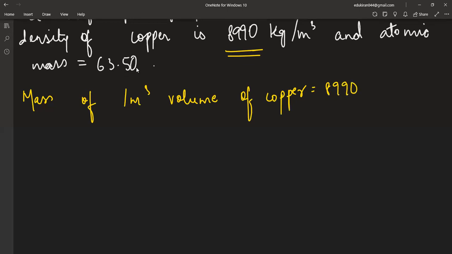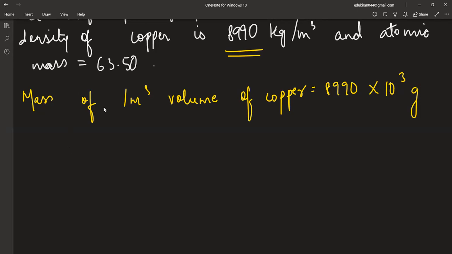See, this atomic mass, do you know in which unit we write the atomic mass? Gram, right. That's why we have to convert this kg per meter cube, this kg also into gram. So we'll write this as 10 to the power 3 grams. Otherwise, this was fine.